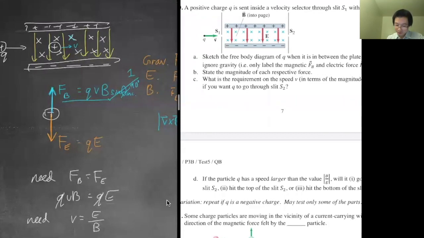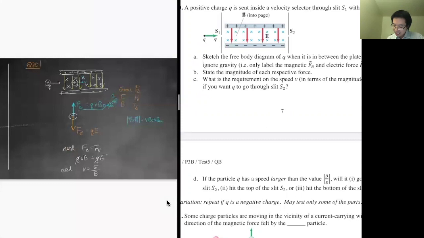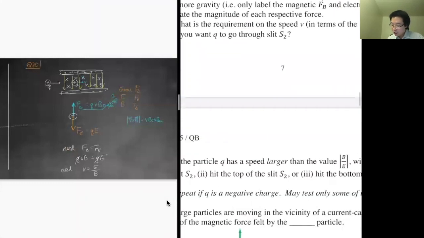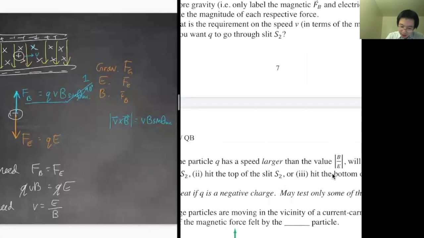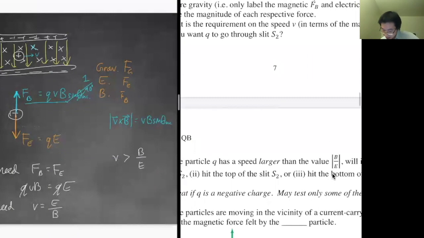And then part B, it says, if the charge has a speed larger than, notice this is a bit tricky, flip it around, larger than the value B over E, what will happen? Well, if V has a value larger than B over E, then that is a typo, I think.